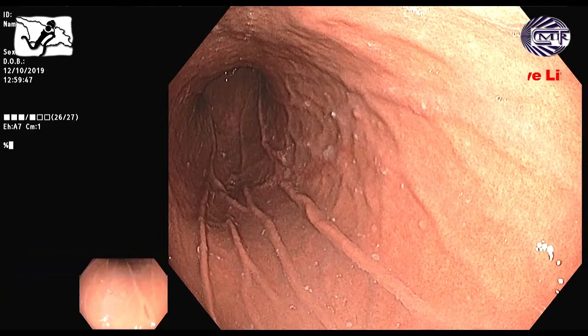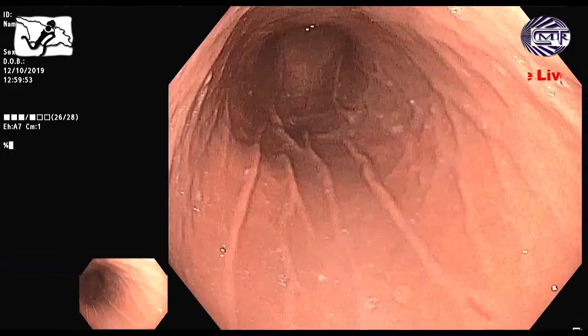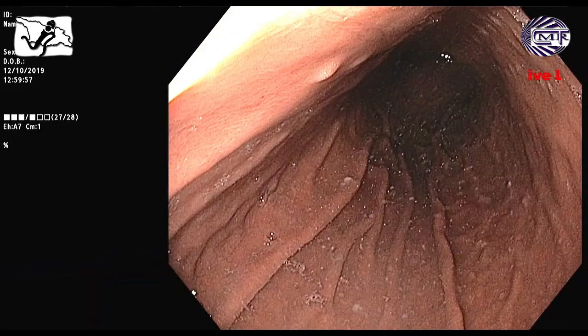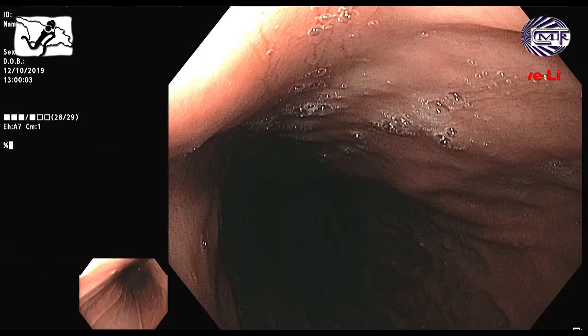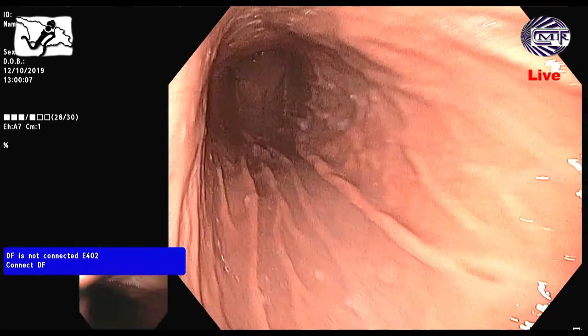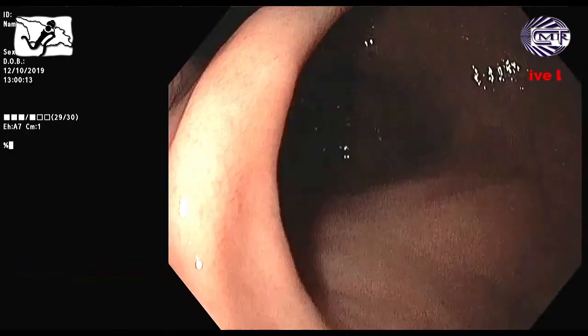Okay, this is posterior wall. Anterior wall, lesser curvature, and then get in for the retroflexion, like this.